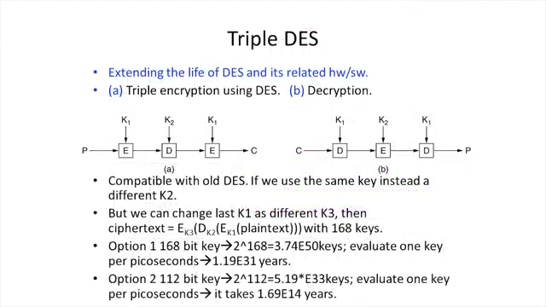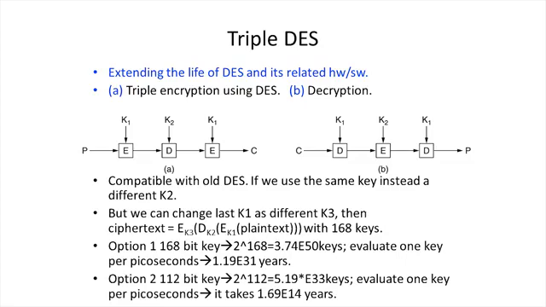To extend the life of DES and the related hardware and software, Triple DES was proposed and developed. The same DES encryption and decryption blocks are concatenated as shown here to extend the key length and at the same time make it compatible with all DES processing if the user chooses to do so.